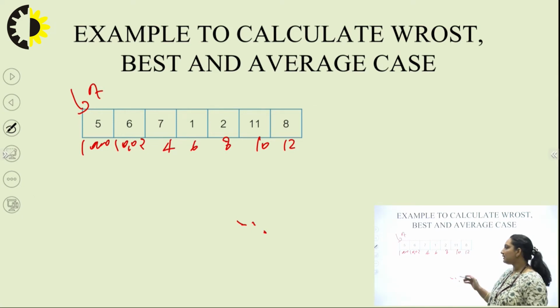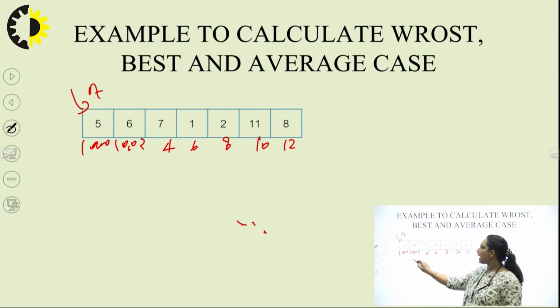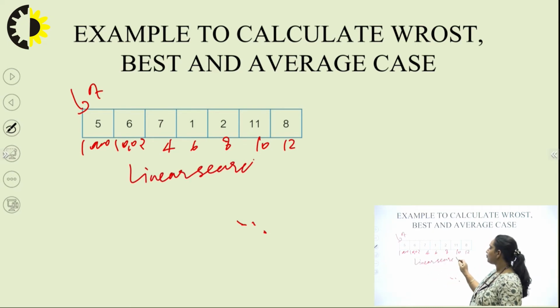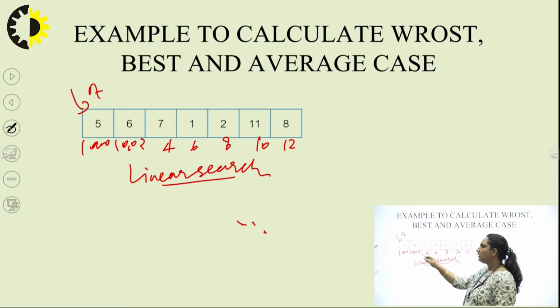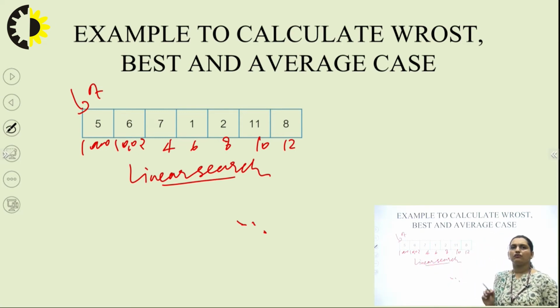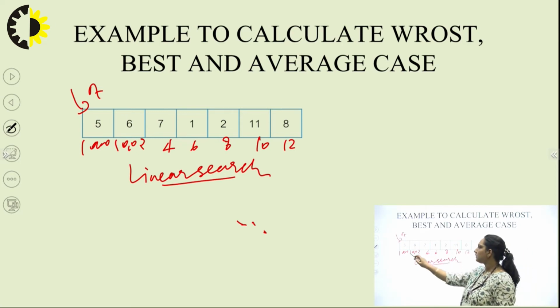Suppose we use a linear search. I have to search for an element in the array, checking sequentially: is it my number, is it my number, and so on.